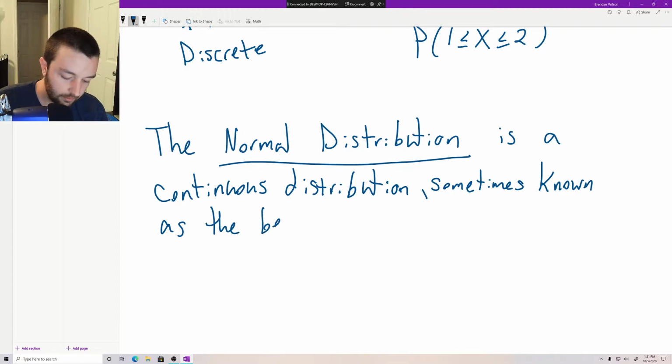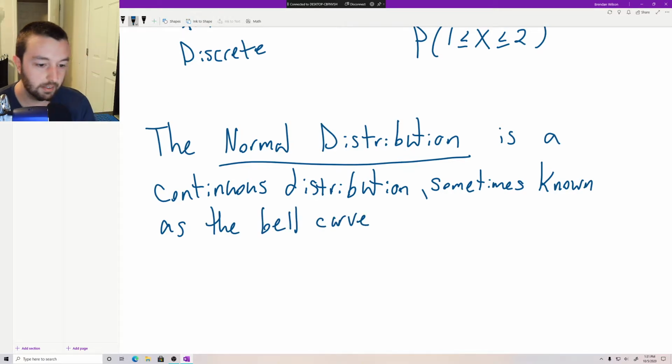Okay, so you might have seen this before. If anything's referenced like being on a bell curve, this is what it's referring to, the normal distribution.